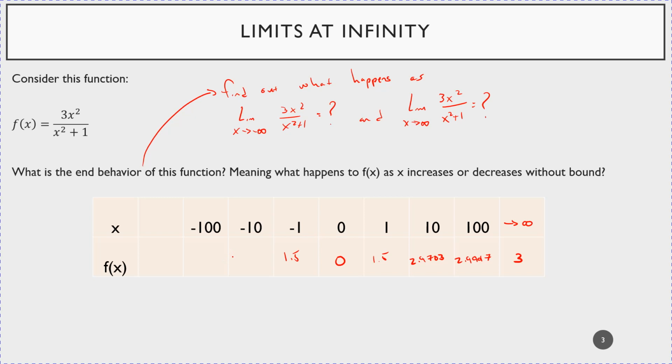Same thing with -10, 2.9703. With -100, you get 2.9997. So where does it look like it's going as x goes towards negative infinity? It also looks like it's going towards 3. So as x increases or decreases without bound, it looks like it's going towards 3.